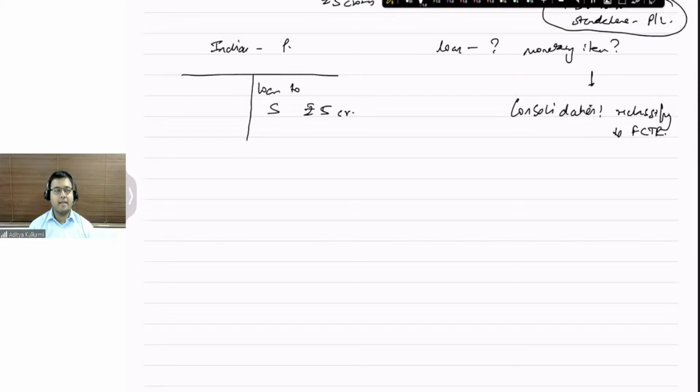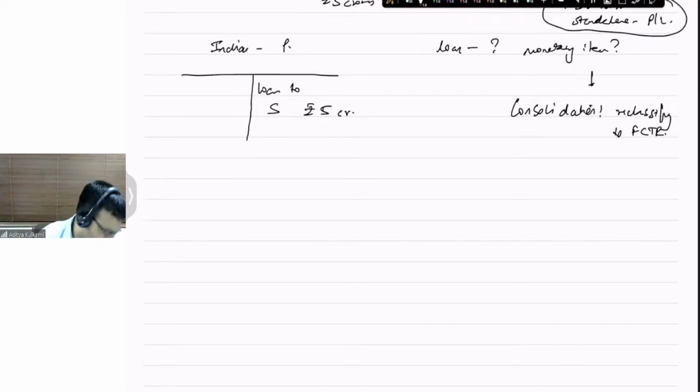And whatever gains or losses arise on account of translation of balances which form a part of my NIFO, that is net investment in foreign operation, those translation differences will be taken not to the P&L but to the FCTR, since the settlement does not happen in the near future.